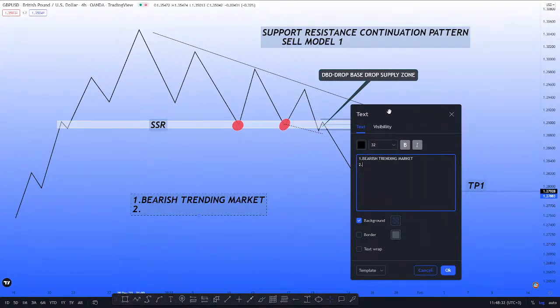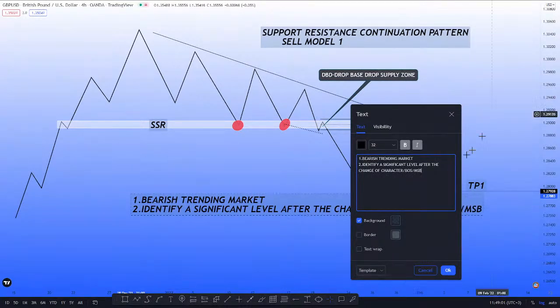Then you should identify a significant level after the change of character, BOS, MSB, whatever you call it.